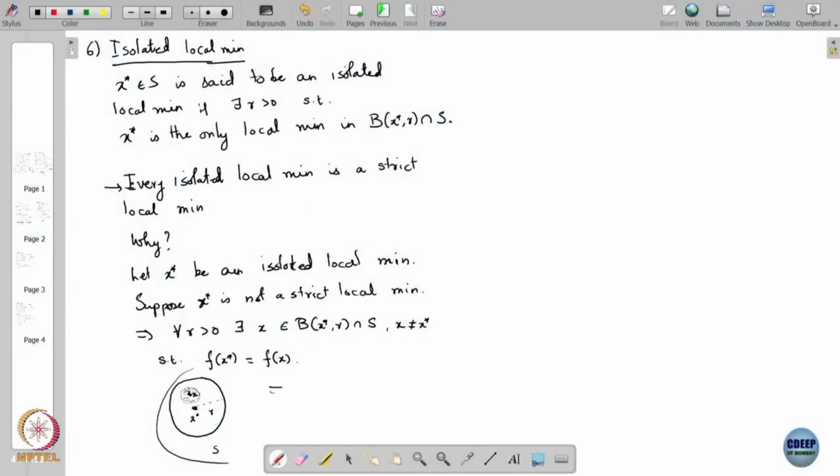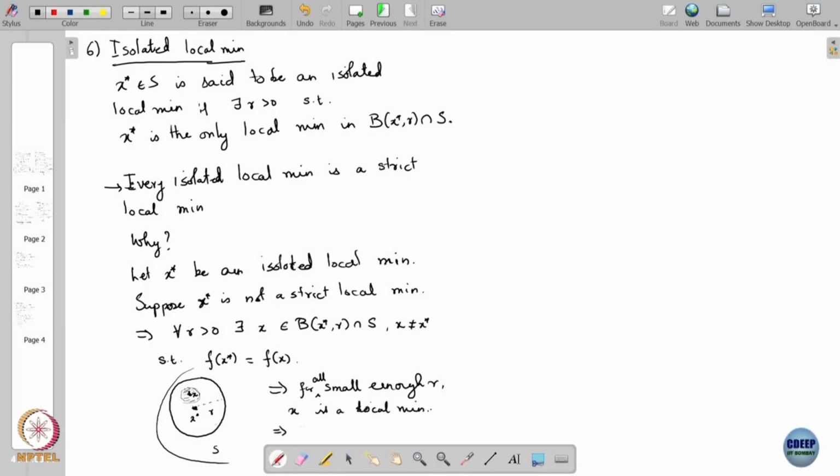So, what this means is, this would imply that for all small enough r, x is a local minimum.